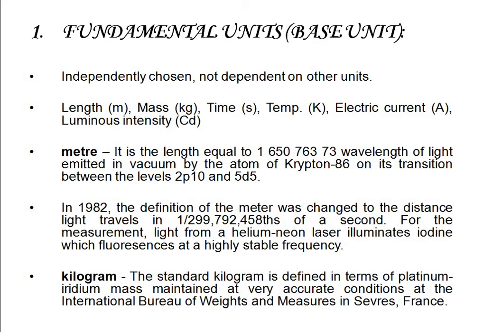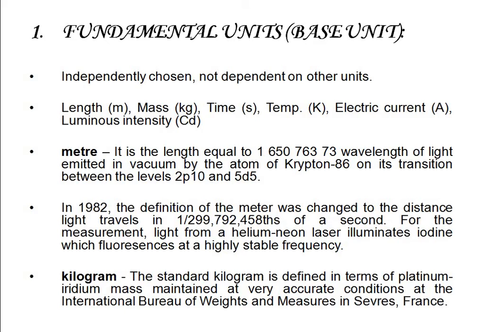It is a length equal to 1,650,763.73 wavelengths of light emitted in vacuum by the atom of krypton 86 on its transition between the levels 2p10 and 5d5. In 1982, the definition of meter was changed to the distance light travels in 1 by 299,792,458 of a second.